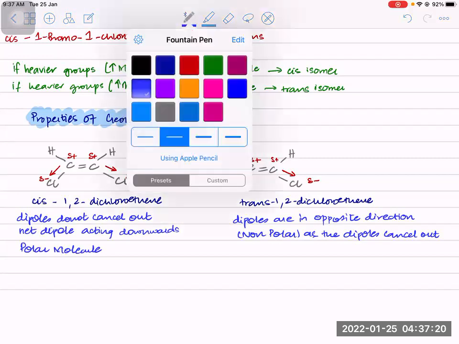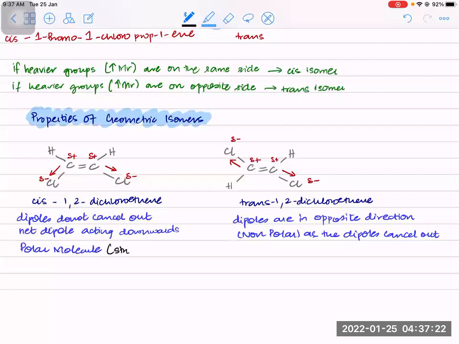Since this is a polar molecule, it will have stronger intermolecular forces. And since this is a non-polar molecule, it will have weaker intermolecular forces, because it will only have van der Waals forces, which are induced dipole forces. And on the other hand, this will have what?